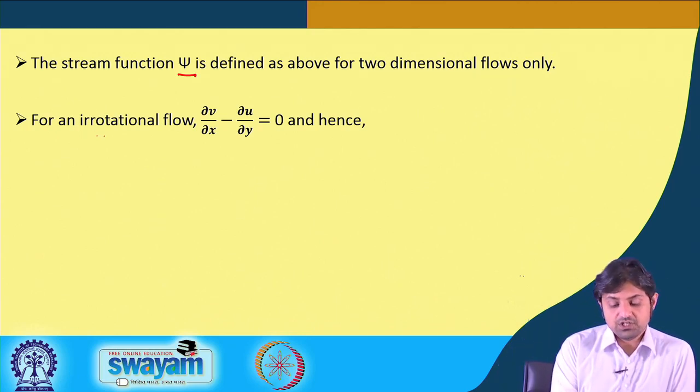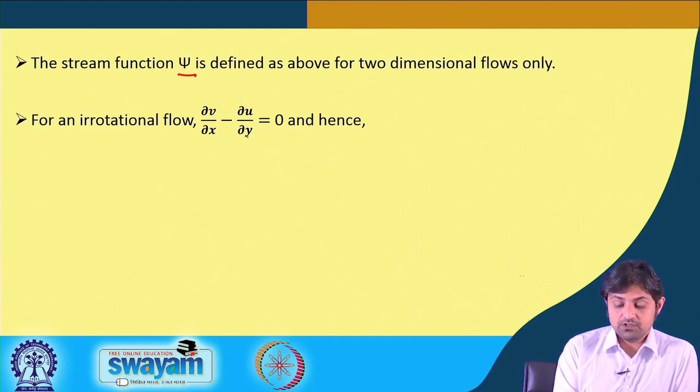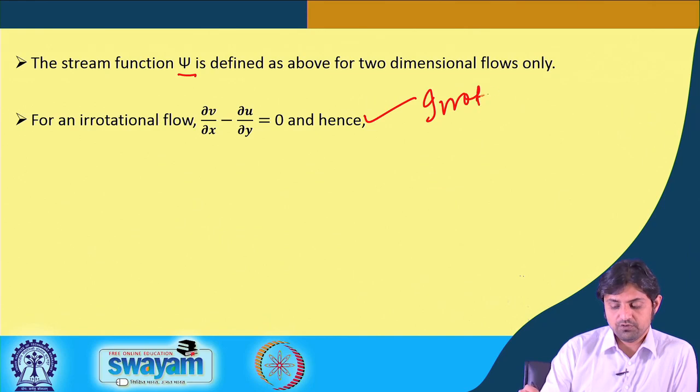For an irrotational flow, del v by del x minus del u by del y is equal to 0. This we know from irrotational flow.